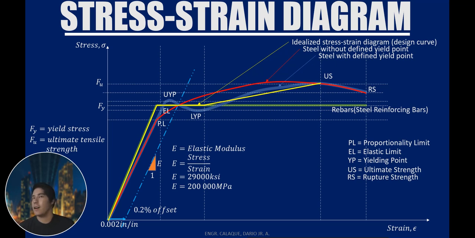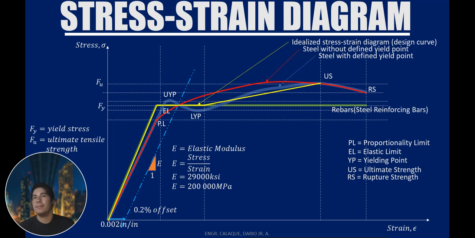Yung maximum na allowed ng code, which is yung Fy. If ma-exceed yung Fs natin, we should use the Fy, no? Like, Fs is greater than Fy, so yung Fy talaga yung gagamitin natin.